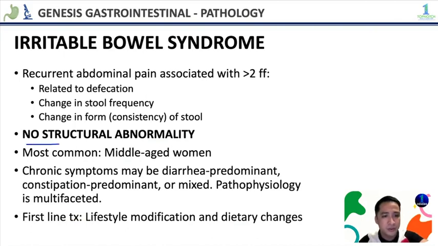Most commonly affecting middle-aged women, chronic symptoms may be diarrhea predominant, constipation predominant, or mixed. Pathophysiology is multifaceted, and the first line management for this is lifestyle modification, primarily diet modification.